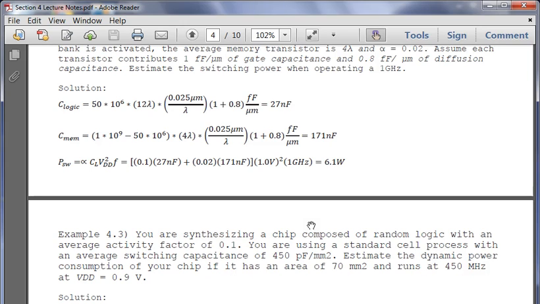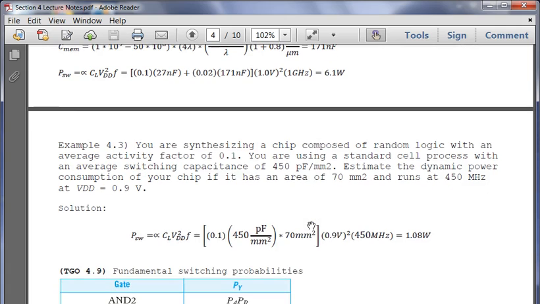And also, if you're distributing something over a number of threads, we'll go into this towards the end of the section, if you have n threads that are doing equal processes, we can slow the frequency down to 1 over n and achieve the same throughput. Since we now know that switching power is directly proportional to frequency, your trade-off is power per area.